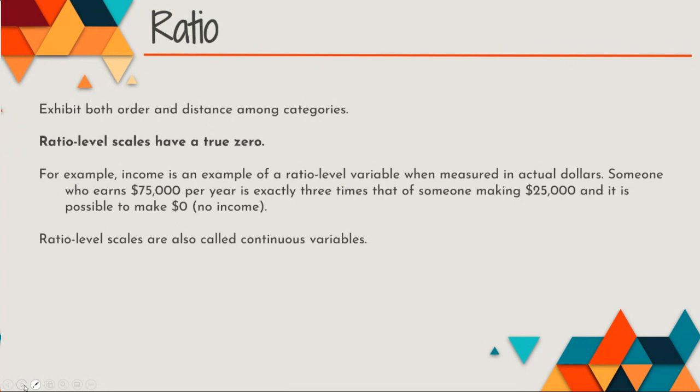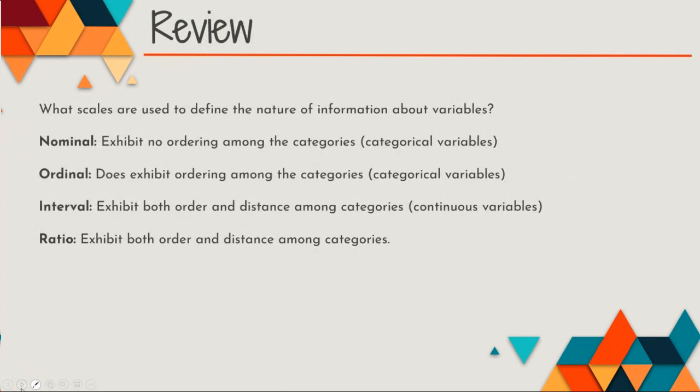So in this case, in your survey instrument or your measure where you're asking a demographic question related to personal income or household income, you would have an answer option of 0 to make that variable a ratio variable. Similar to interval variables, ratio level scales are also considered continuous variables.